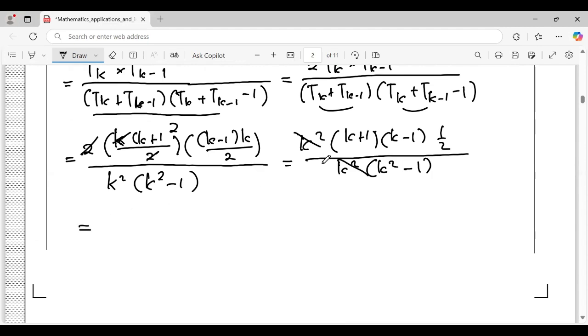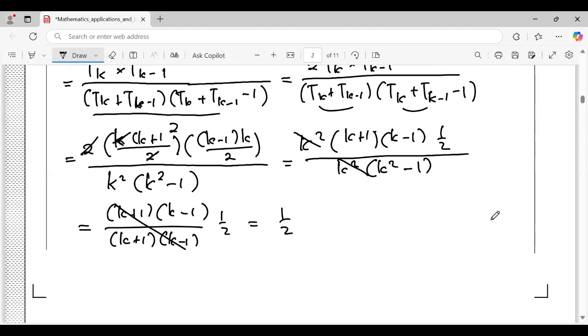Okay, and after that, it becomes the next. With k plus 1, k minus 1, as well this k plus 1, k minus 1, 1/2, equal 1, and the result is 1/2.